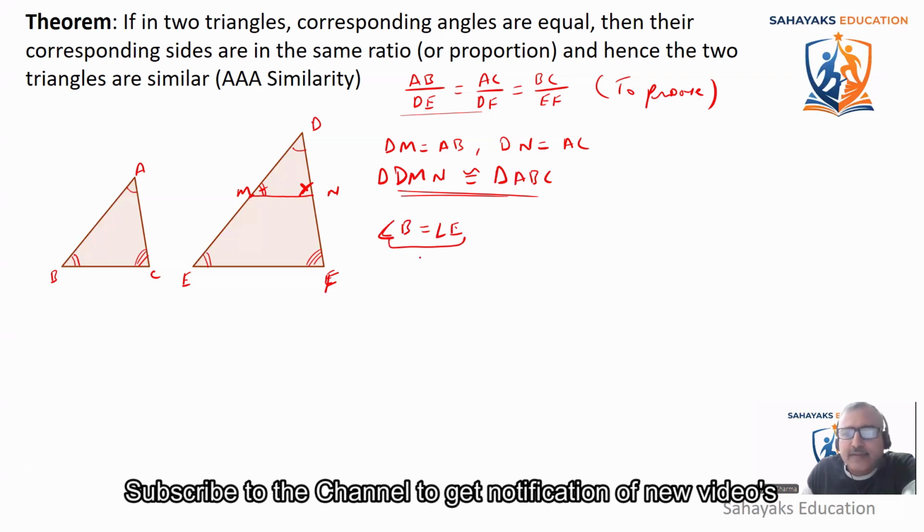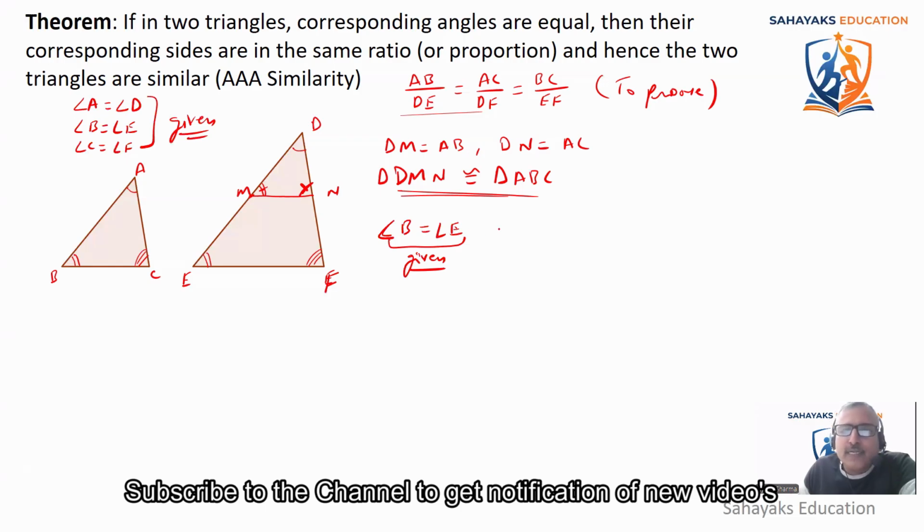This is given that three angles are already equal. What is given, I'll just write it. Angle A is equal to angle D. Angle B is equal to angle E. Angle C is equal to angle F. This is given. Okay, because this is given, so we can say angle B is equal to angle E.